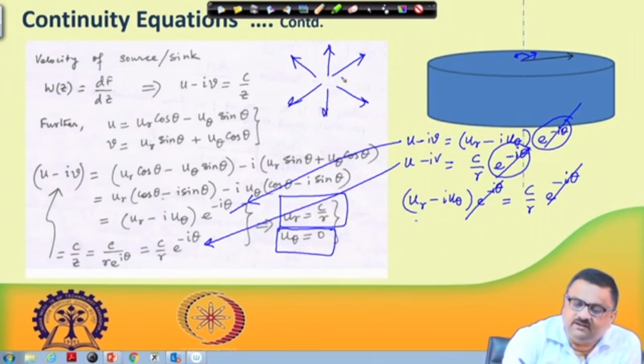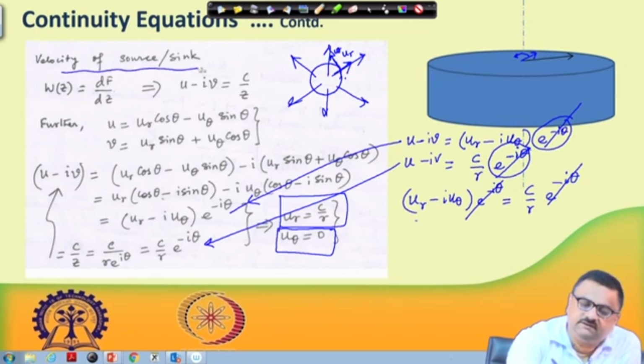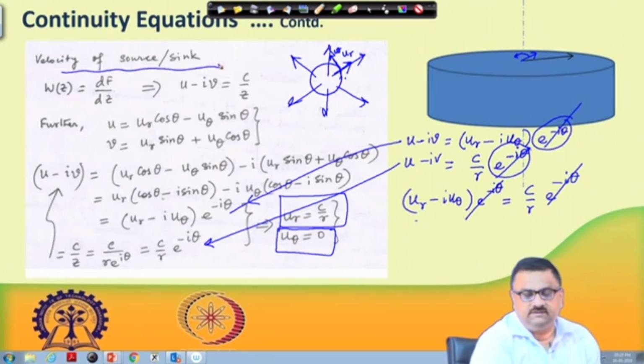If this is a streamline, perpendicular to the streamline there cannot be any flow. Perpendicular to the streamline, the only thing that can happen is the potential line, which is the circle in this case. So, naturally u theta is 0 because there is no velocity perpendicular to r, because it is a truly radial system. It is a true source and sink in this cylindrical system.